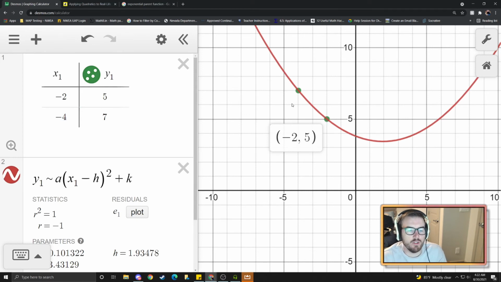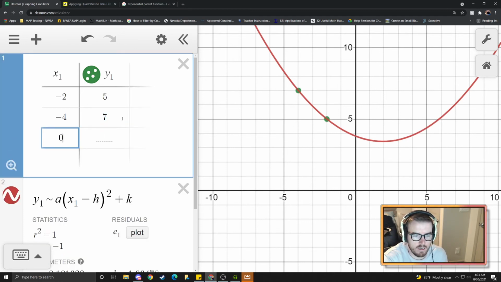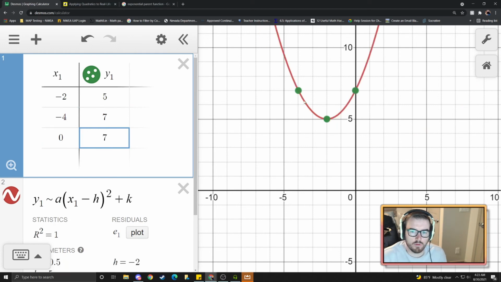So again, using our knowledge about symmetry here, we need to introduce a third point. If this is the vertex at negative 2, 5, there should be the exact same point on the other side. So if this is negative 4, 7, and this point's in the middle, there should be one at 0, comma 7. Does that make sense? I know you can't raise your hand and ask a question right now, but I'm creating that symmetry by introducing this third point.